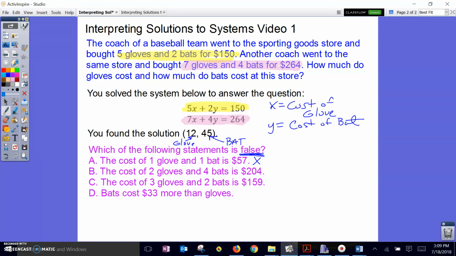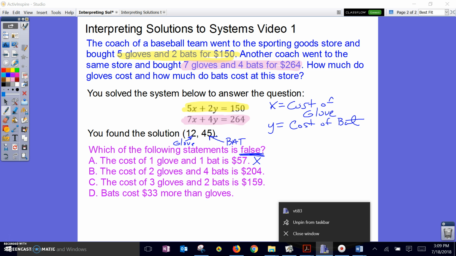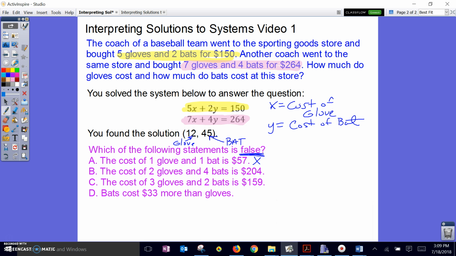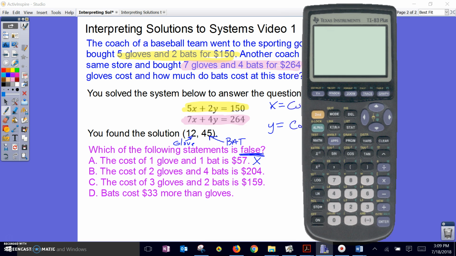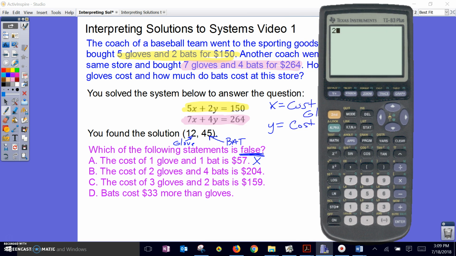Part B, cost of 2 gloves and 4 bats is $204. I need my calculator for this. Where are you, calculator? There you are. And so 2 gloves each cost $12, and 4 bats each cost $45. And we get 204.